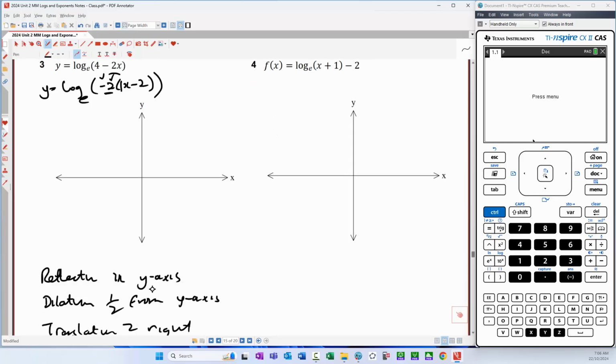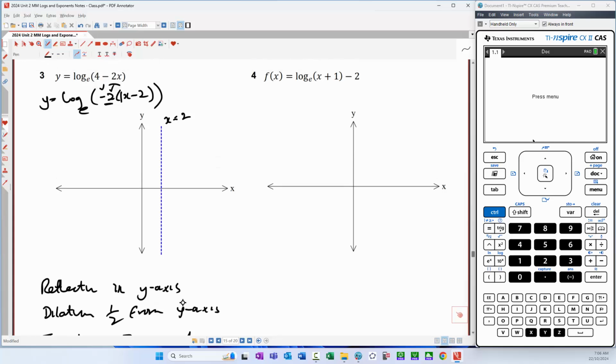Okay, so it's the 2 units to the right that I'm probably most interested in, to be honest, because they form the basis of the asymptote. So that is going to be x equals 2.